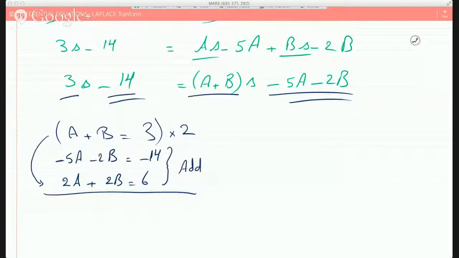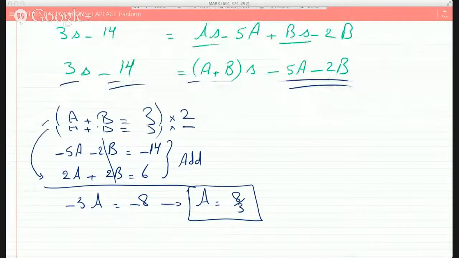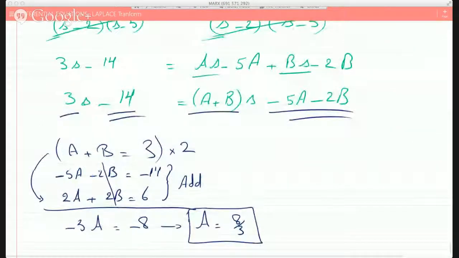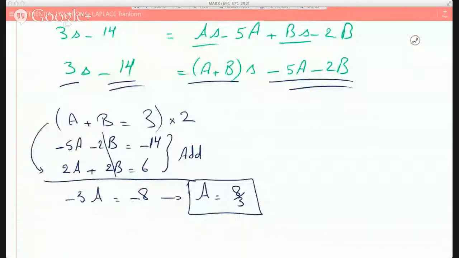So the B's go away, and I get -3A equals -14 + 6, which is -8. So that just means A is 8/3. And plug that back into the first equation. We get B equals 3 - 8/3. So that's 1/3.